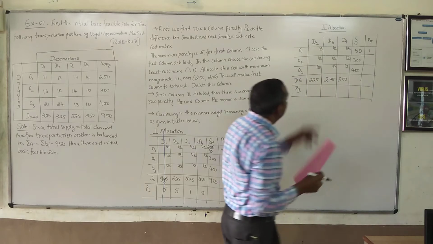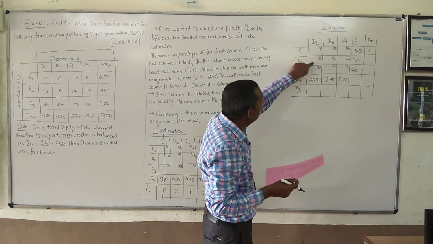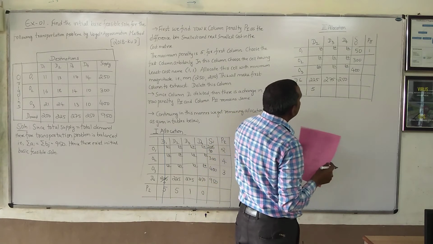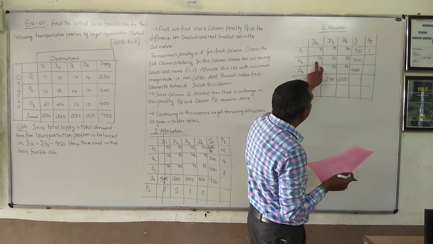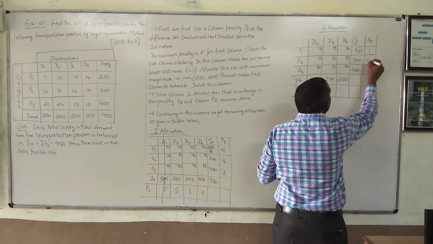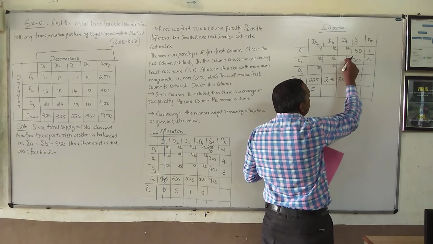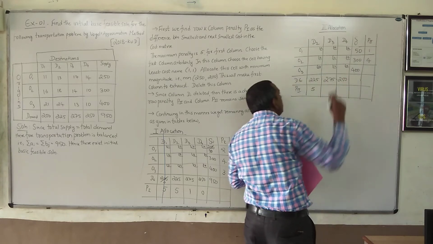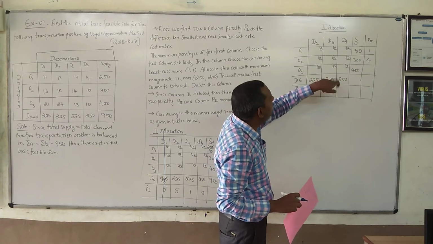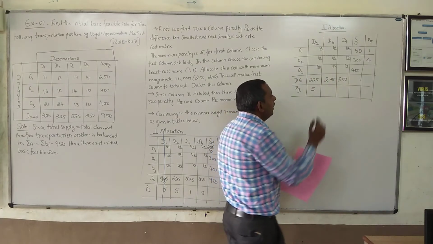Next, by the column, 13 is the least and 18 is the next least. Subtracting this, I get 5. Going for the next row, 10 is the smallest element, and the next smallest element is 14. So 14 minus 10 is 4 here, whereas here 13 is the least and the next least is 14.